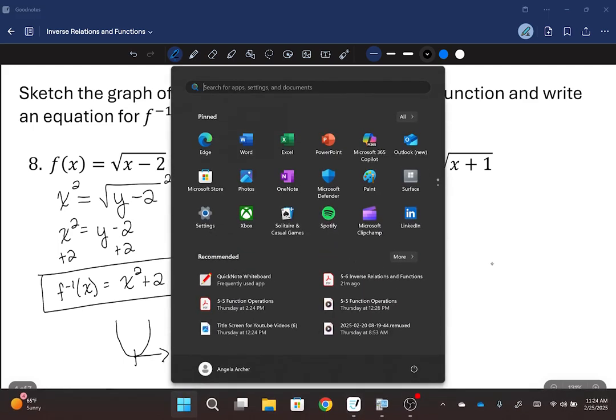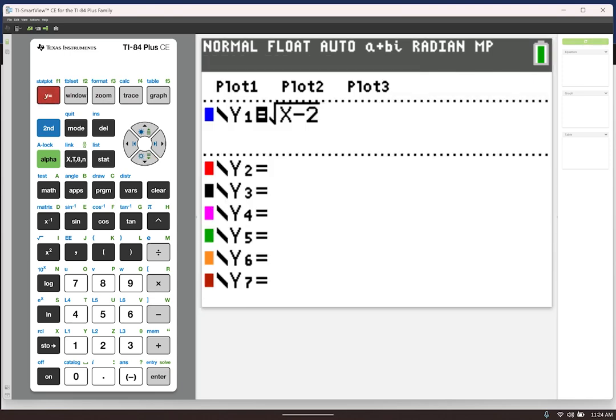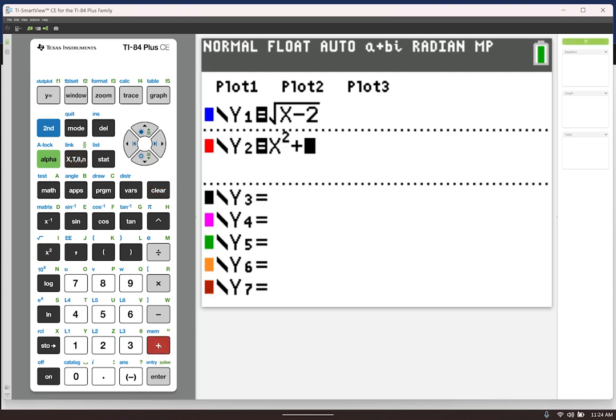But let's graph this. I'm going to leave my original one in there. We're going to put in the x squared plus 2. All right. And we have to show that we want to cut off that left-hand side of this graph and put in our domain.